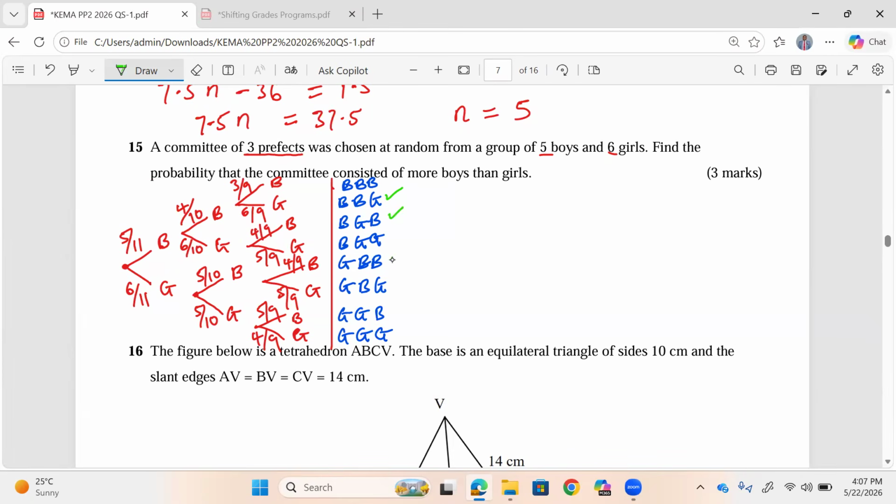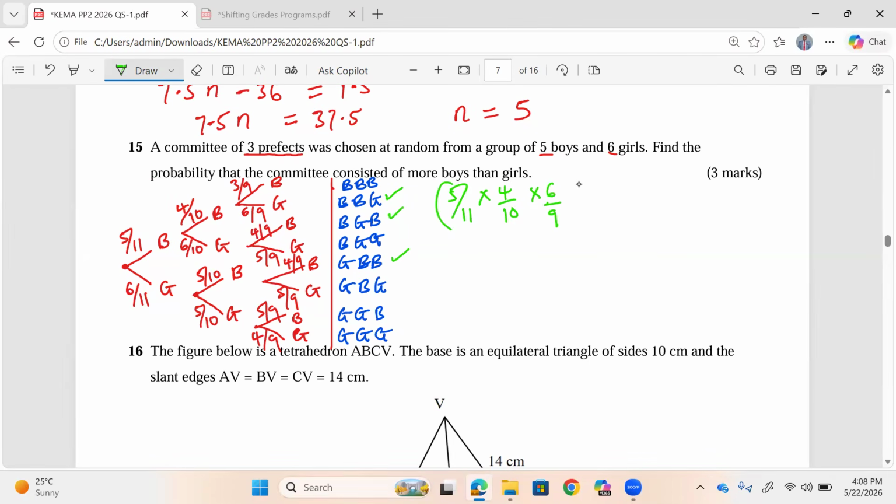Those are the cases whereby B's are 2, but G is 1, regardless of the order. So now we want the probability of BBG. So BBG means 5/11, 4/10, and a girl 6/9.